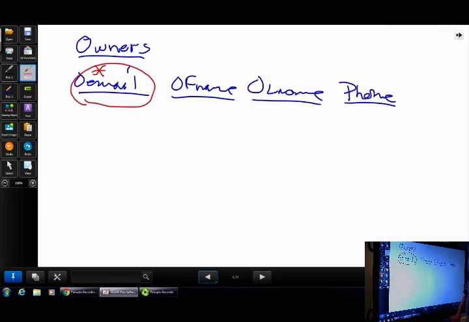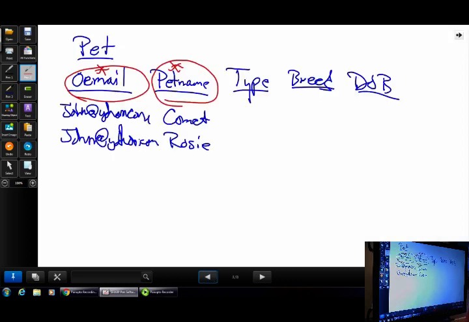So now, going through the terms they're using there, the owner's email determines the owner's first name, the owner's last name, and the owner's phone number. That one's pretty simple. The owner's email and the pet name combined, John and Rosie, or John and Comet, determine that Comet is a dog, he's a golden retriever, and he was born whenever he was born.